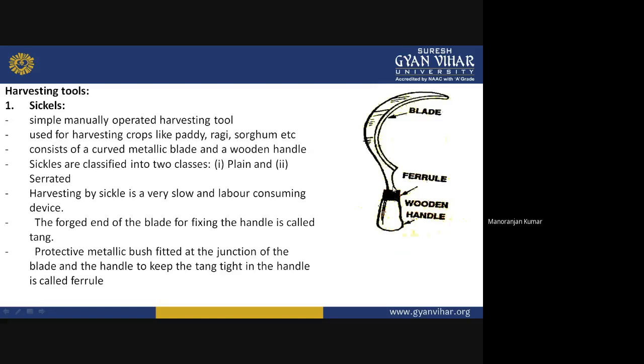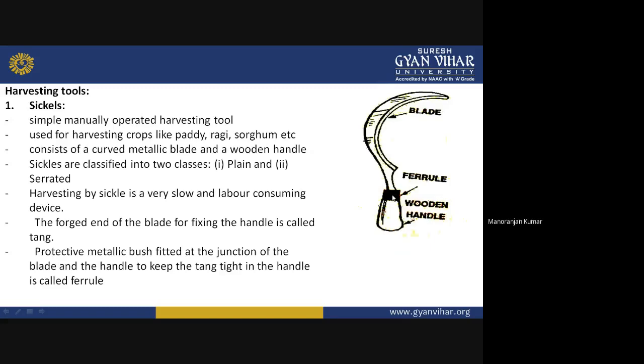The forged end of the blade for fixing the handle is called the tang. This is called the tang. Okay, and there is a protective metallic bush fitted at the junction of the blade and the handle.